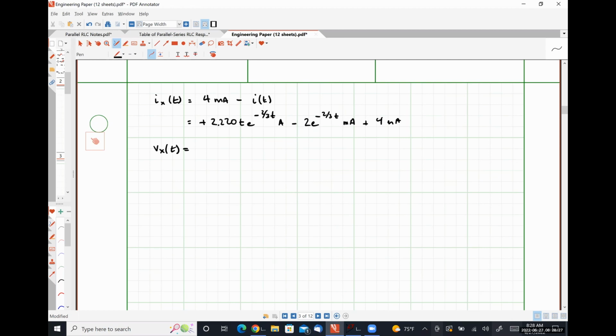And finally, Vx of t is simply 1 ohm times Ix of t.